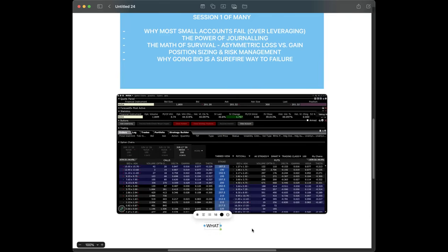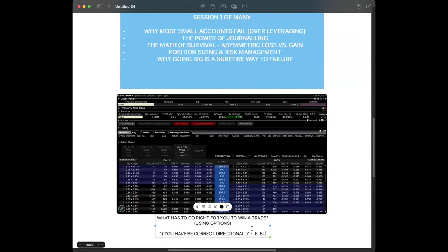So what has to go right for you to win a trade? And I'm going to say this using options. So one, you have to be correct directionally, right?